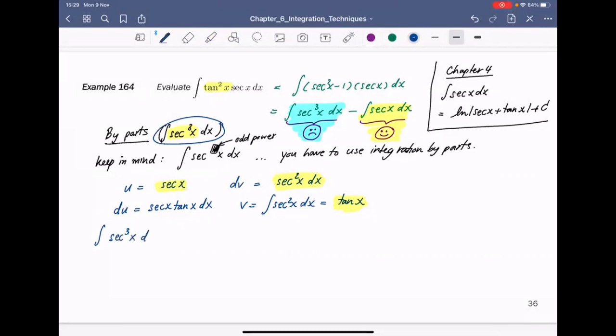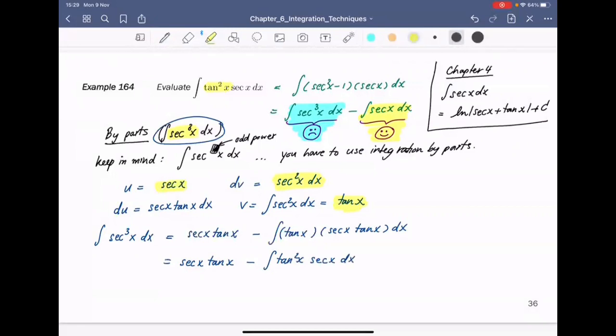Let's see here. You're going to get u times v minus integrate v du. That means I have sec x tan x minus integrate tan square x sec x dx.